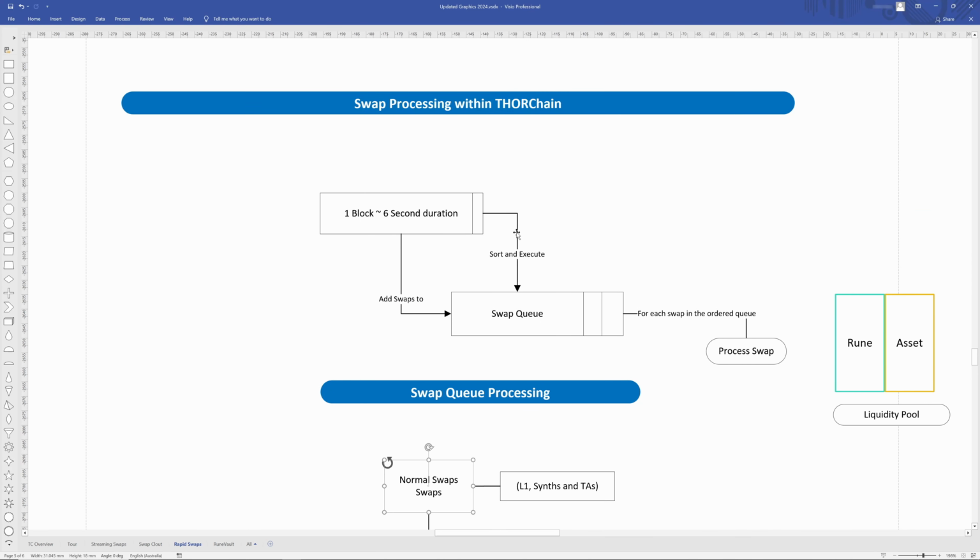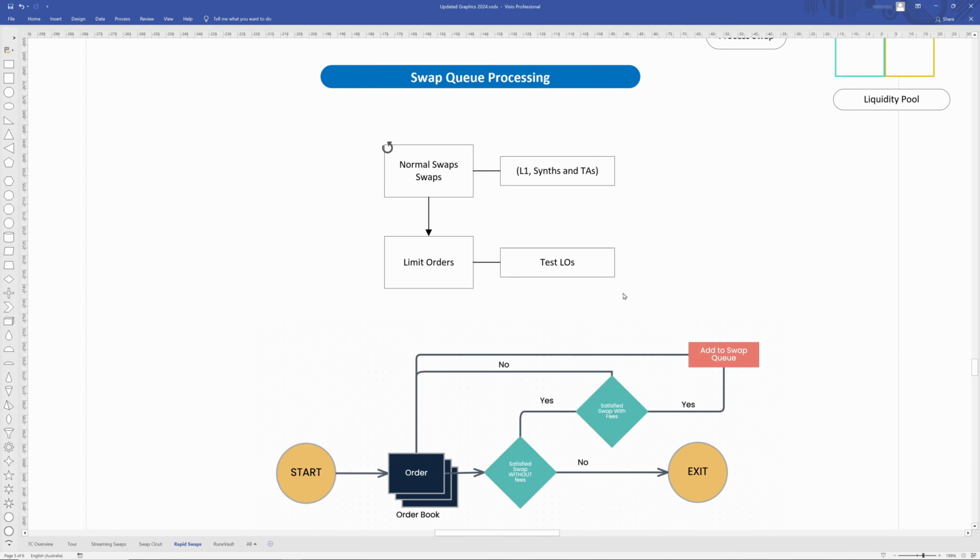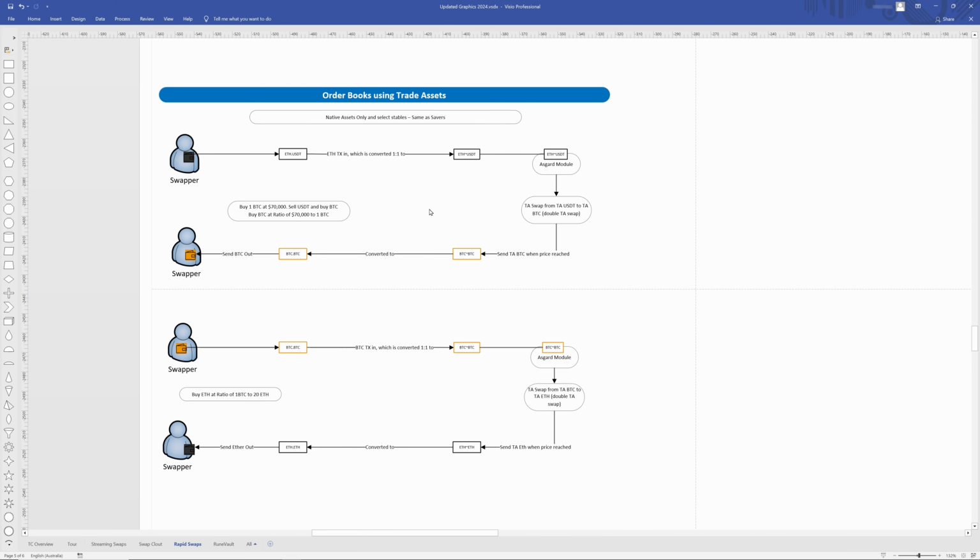Then the block's completed, and you start the process again. You go on to the next block, and then swaps come in, they get added to the queue, and the same process repeats. This process is a bit low level, but it's important to understand when we talk about rapid swaps. So that's order books. Now let's have a quick look at rapid swaps.